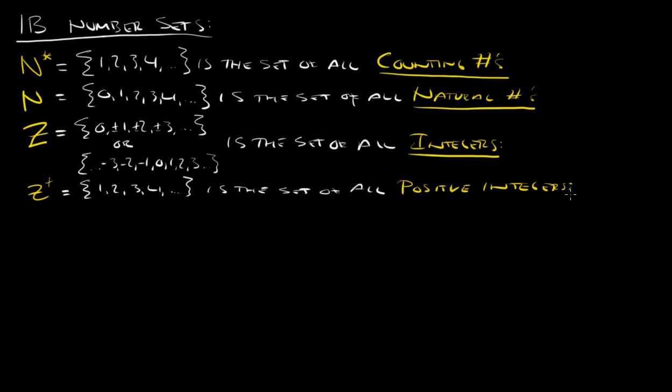And you may be thinking, hey, wait a minute, we just did that. You're right, it's the same thing as the counting numbers. So these are the exact same thing. Alright, so counting numbers and positive integers, same thing.